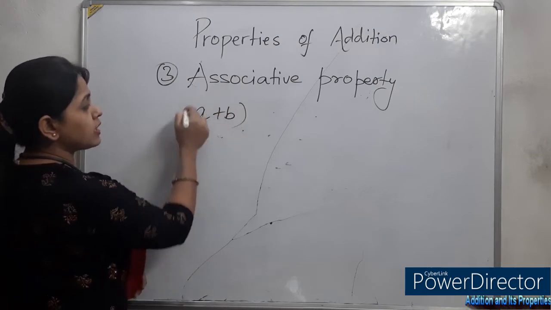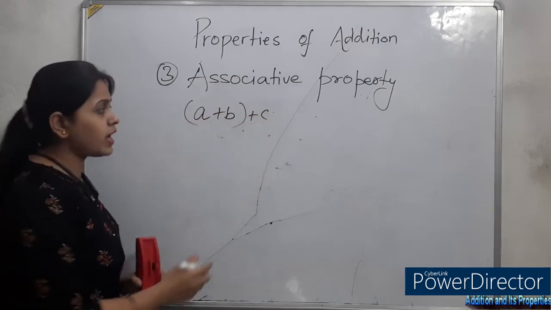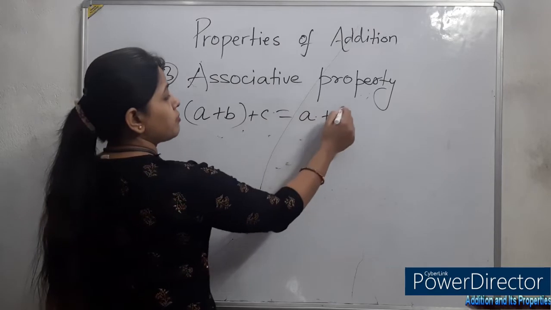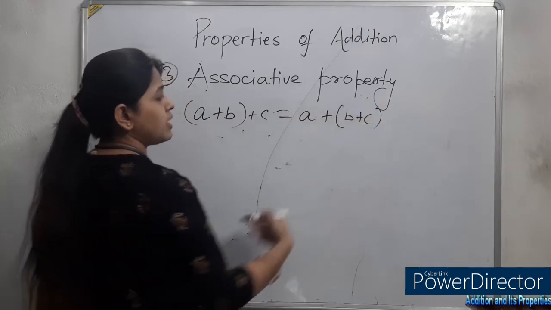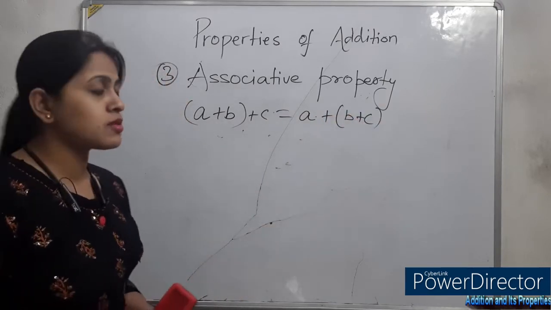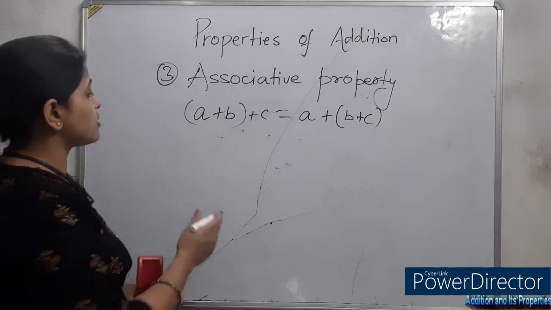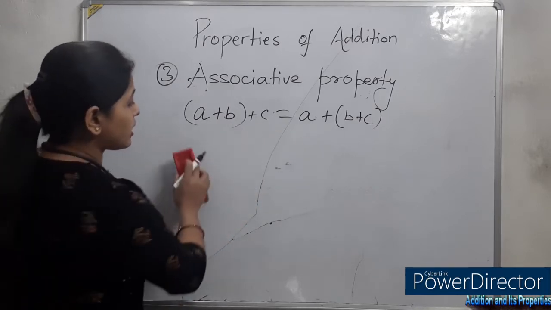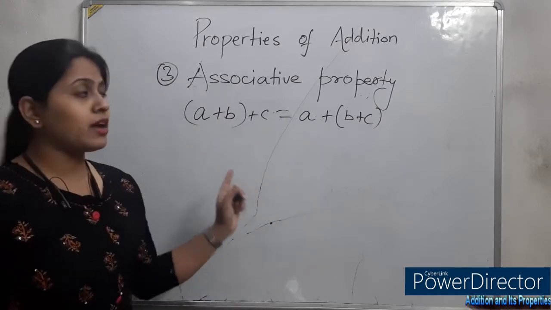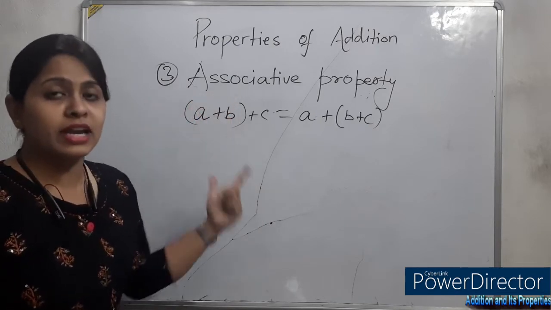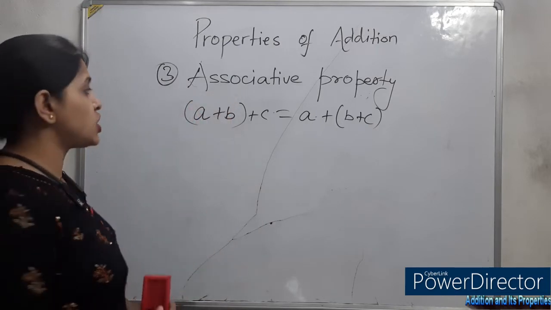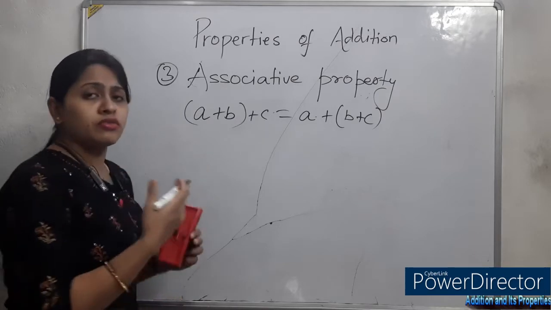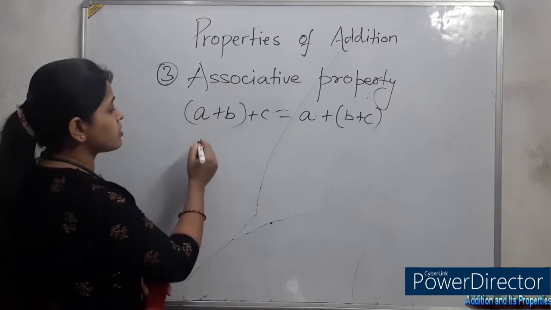A plus B plus C is equal to A plus B plus C, with the brackets placed differently. As you can assume from the formula, this property says that in case of addition, in whichever format we add the numbers, our result will be the same.